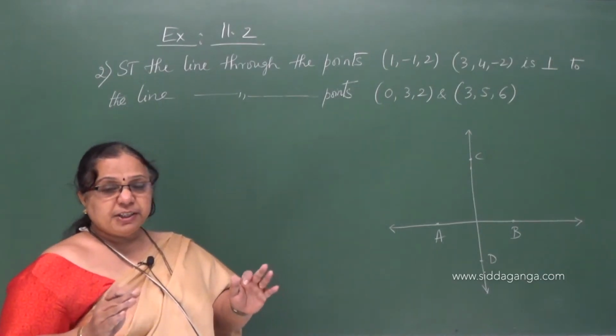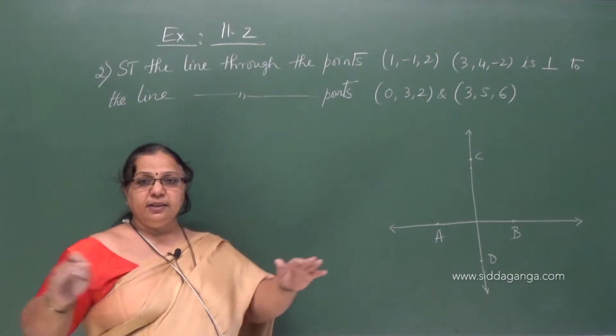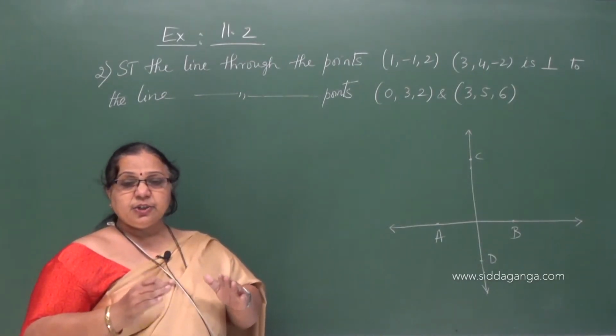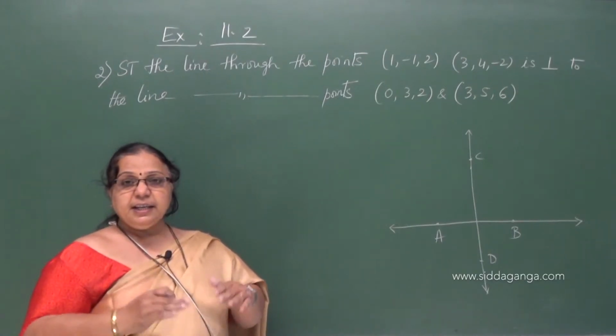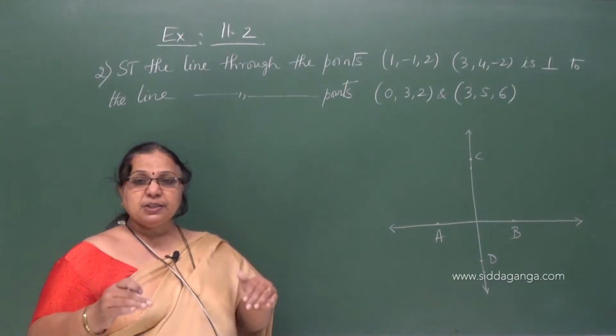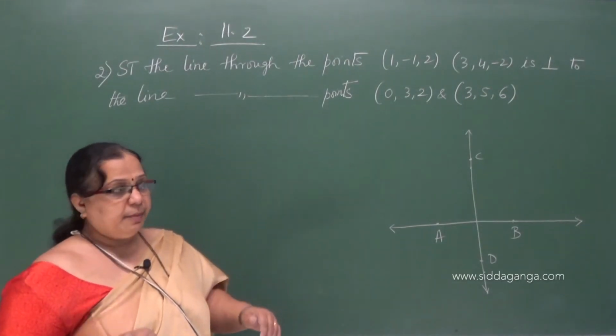When 2 points are given, joining and extending them gives a line. The direction ratios of the line joining the given 2 points, or the line passing through the given 2 points, both mean the same.